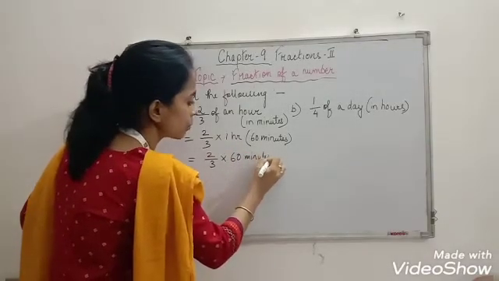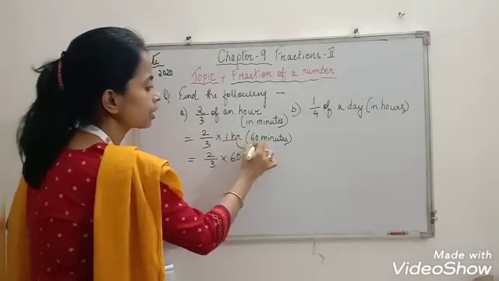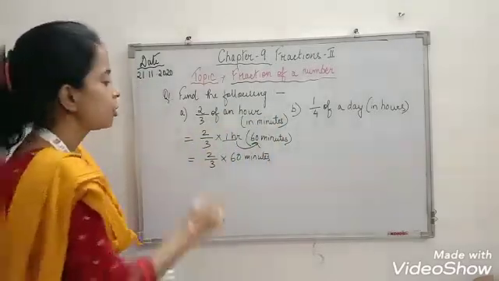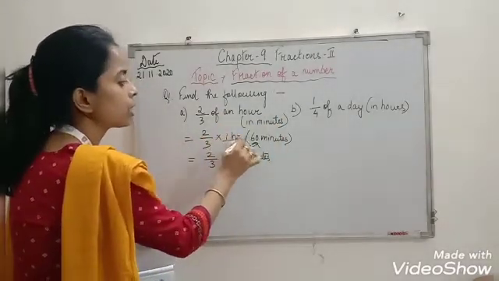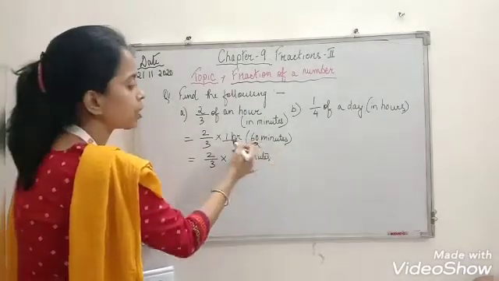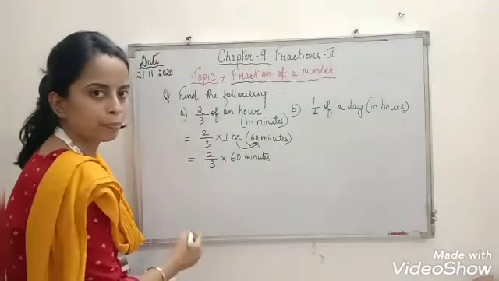Why have I written 60 minutes? Because 1 hour is 60 minutes, and here it is written 2/3 of an hour in minutes. When I convert into minutes, 1 hour equals 60 minutes. So 2/3 into 60 minutes.